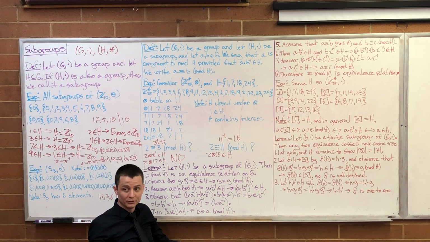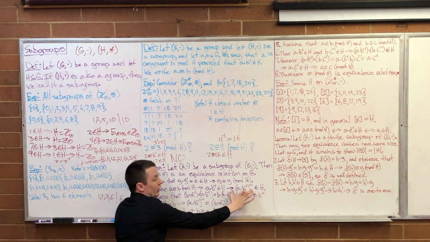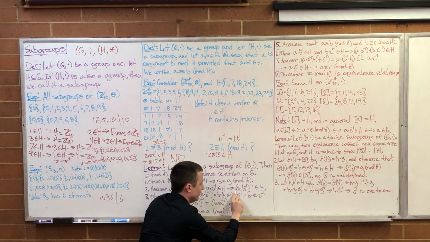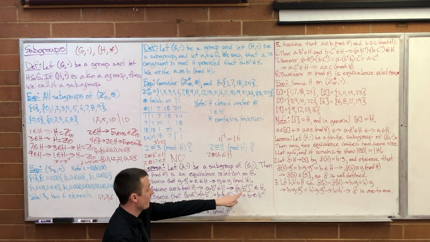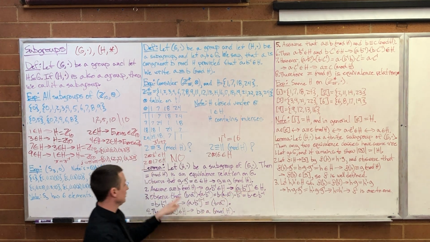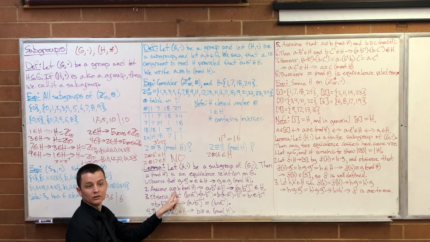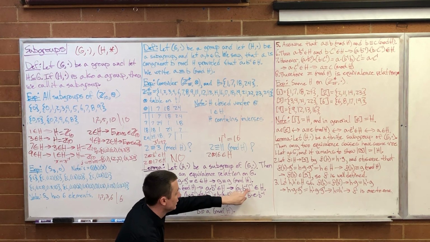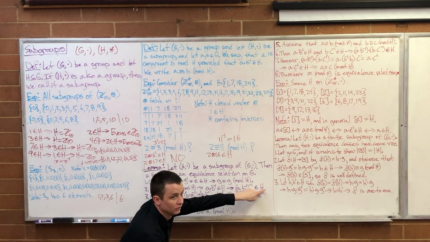It's a group. So if that's in there, its inverse is in there. You with me so far? It turns out that this is going to be the same thing as b congruent to a, and we're going to show that.